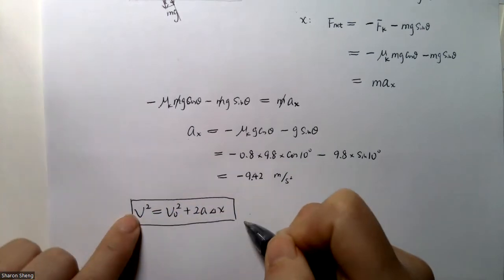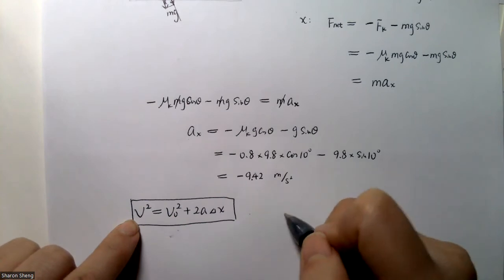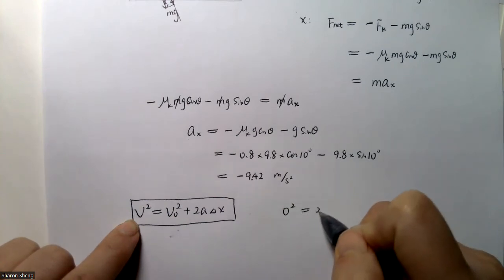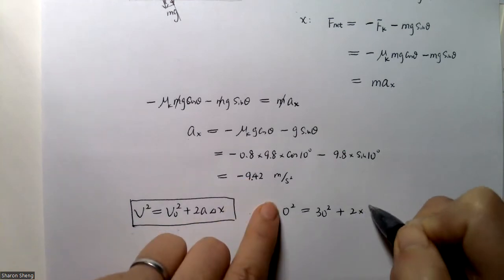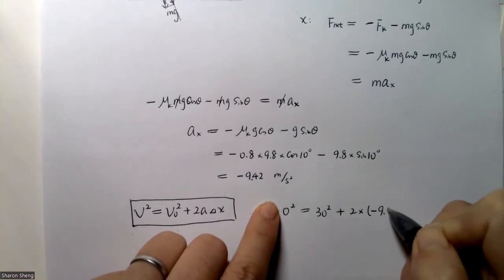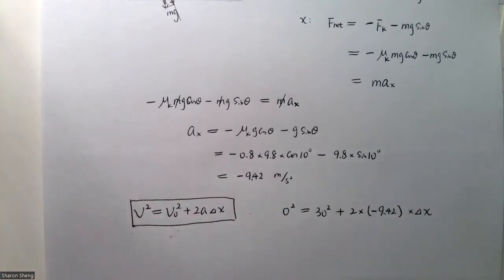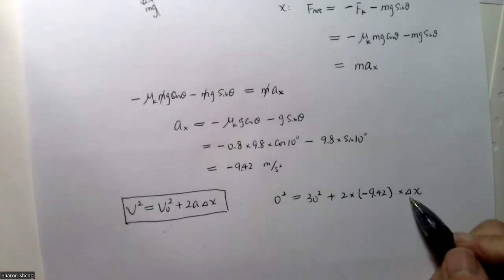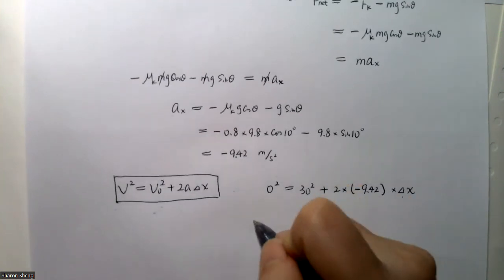Then we got v sub 0 equals 30. Final v equals 0. So 0 squared equals 30 squared plus 2 times a, a is negative 9.42, and then times delta x. Delta x is the only unknown. Move this term to the left. Solve the equation.